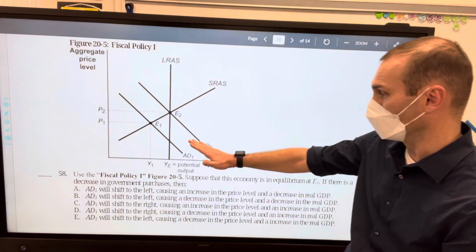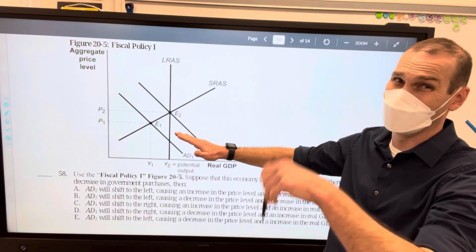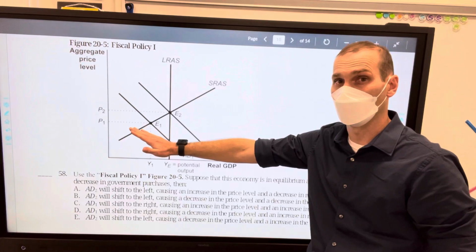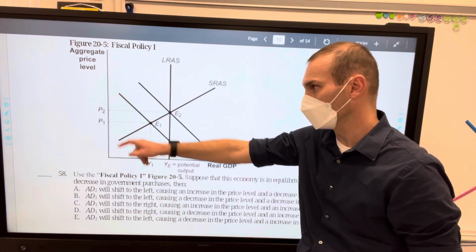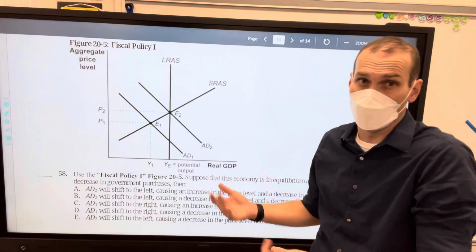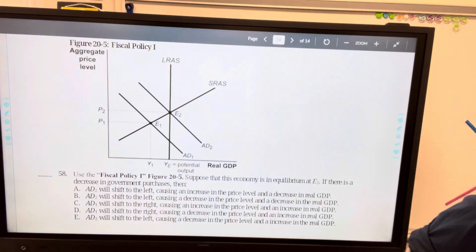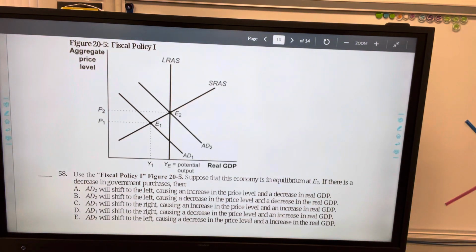So essentially, when you go from AD2 and decrease government spending, G, C, maybe even I fall, bringing us over to here, that causes a decrease in the price level, decrease in aggregate output, which would be an increase in unemployment, which isn't here, but would be.